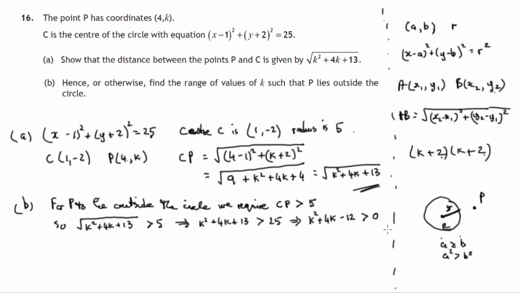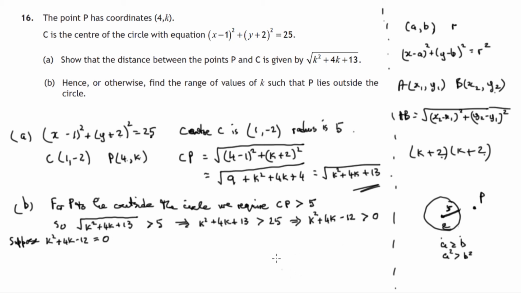So we've ended up with a quadratic inequality. We want to know when the values of k squared plus 4k minus 12 are greater than 0. Let's suppose first of all that k squared plus 4k minus 12 equals 0.